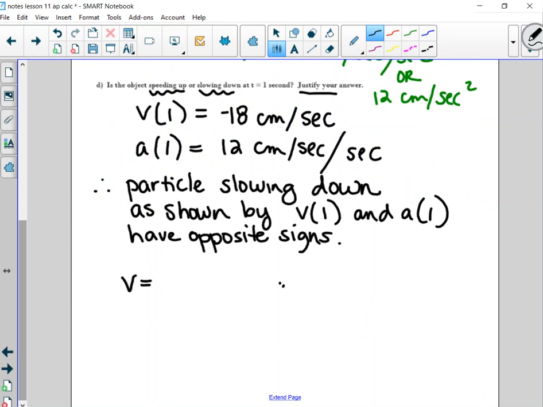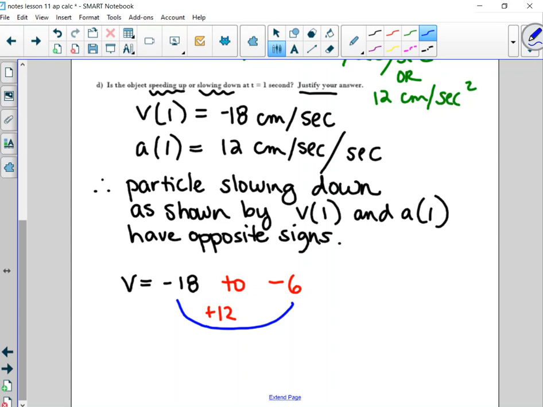If my velocity is negative 18, and it's changing at a rate of 12 centimeters per second, just think about that in one step.